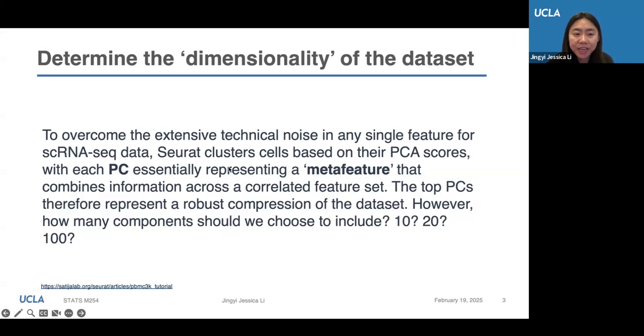Each PC is used to represent a meta feature that combines information across correlated genes. So the compression of data into PCs will reduce dimensions. But here the question is, how many PCs should we keep, right? Number of PCs.